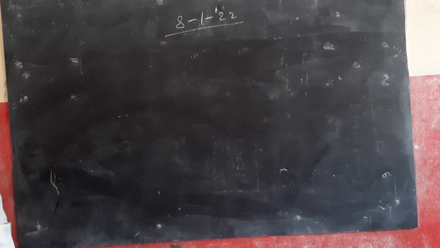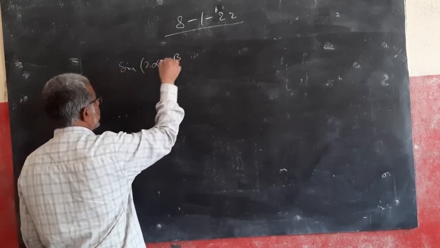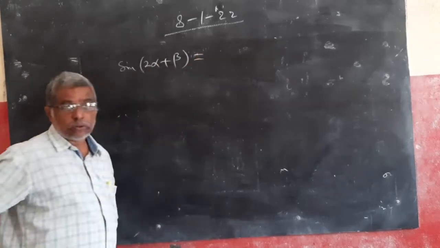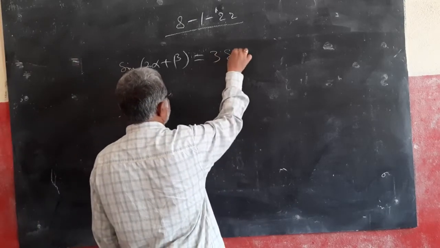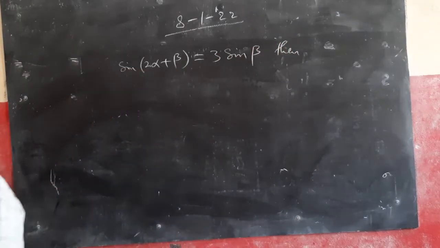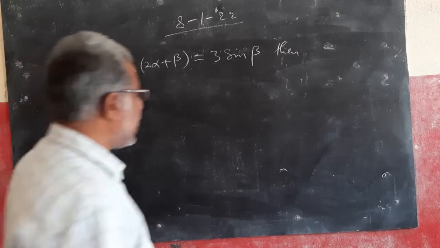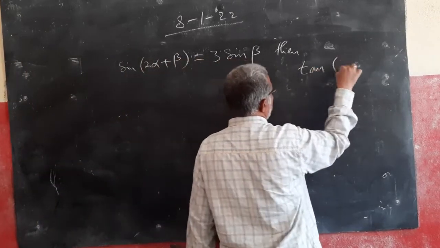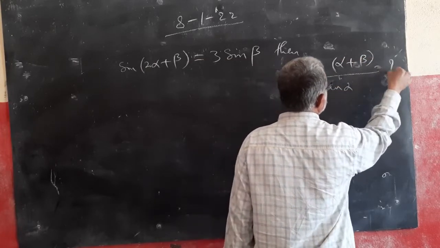If sin of 2 alpha plus beta equals 3 sin beta, then tan of alpha plus beta by tan alpha equals how much?